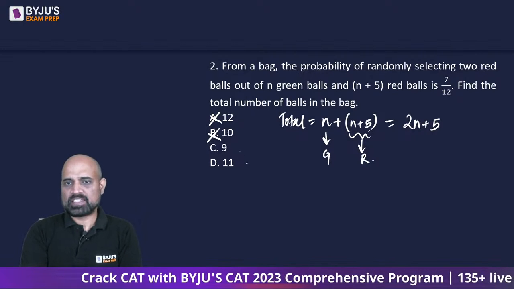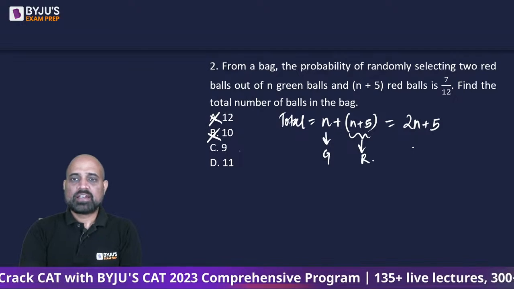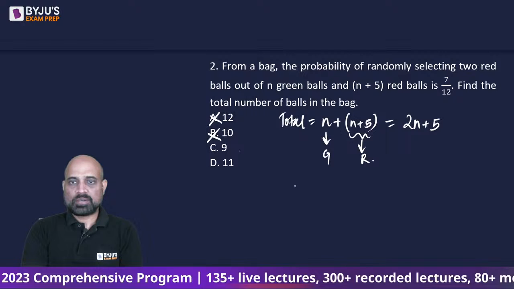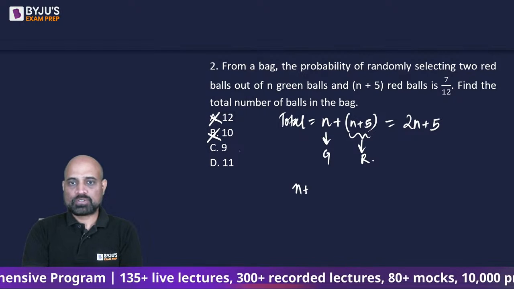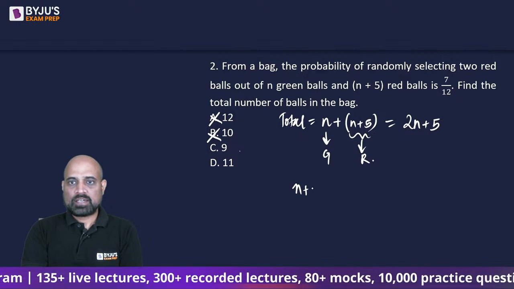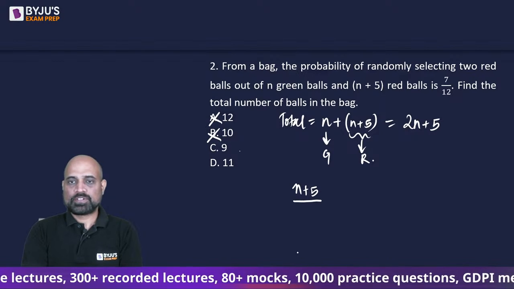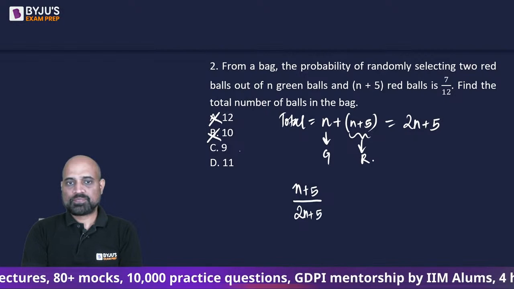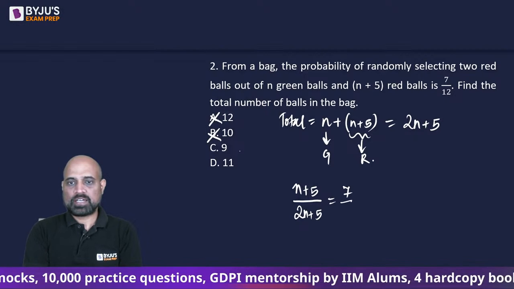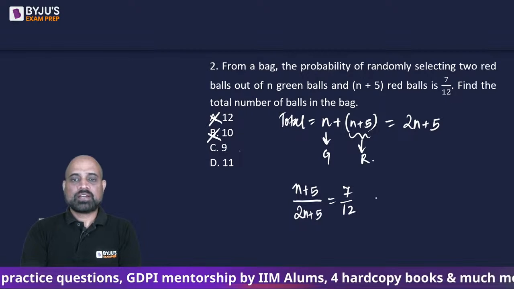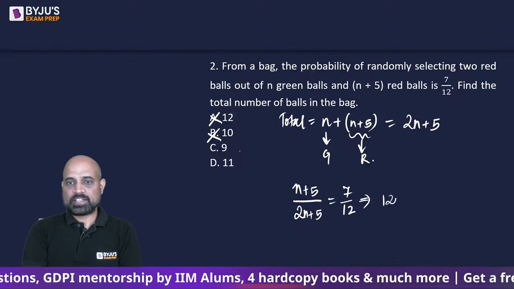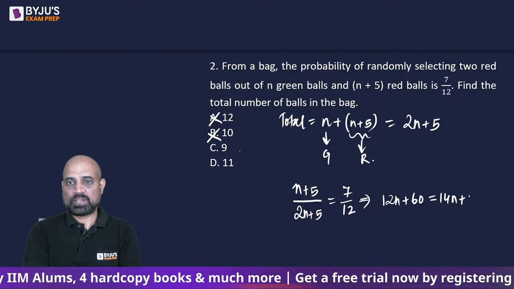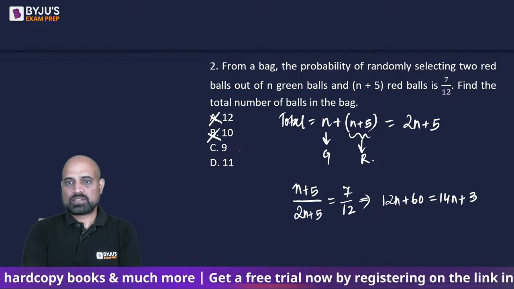So the answer is going to be either 9 or 11. Okay. Now, as per the question, we are given the total number of ways of selecting 2 red balls. So that is n plus 5 divided by 2n plus 5. This is 7 by 12. We can cross multiply. We will get 12n plus 60 is equal to 14n plus 35.